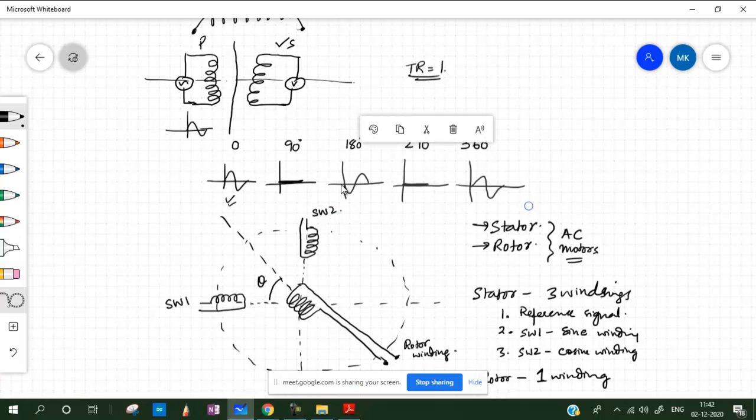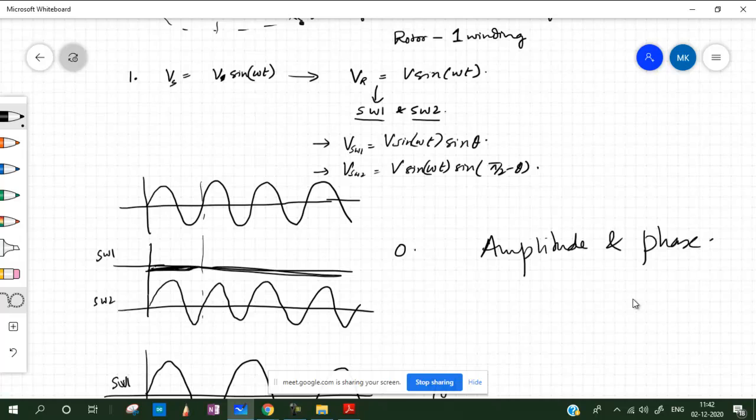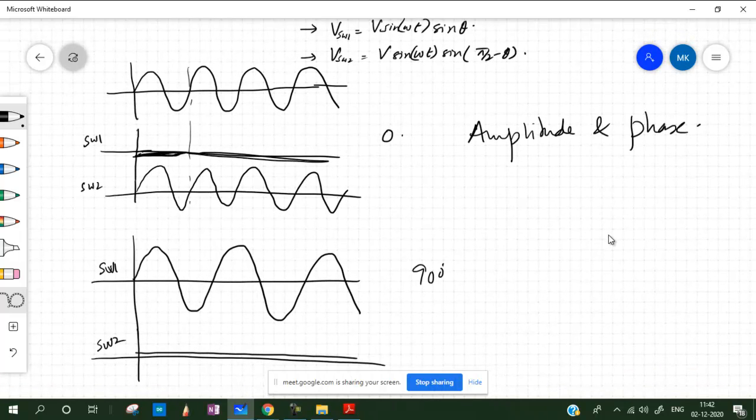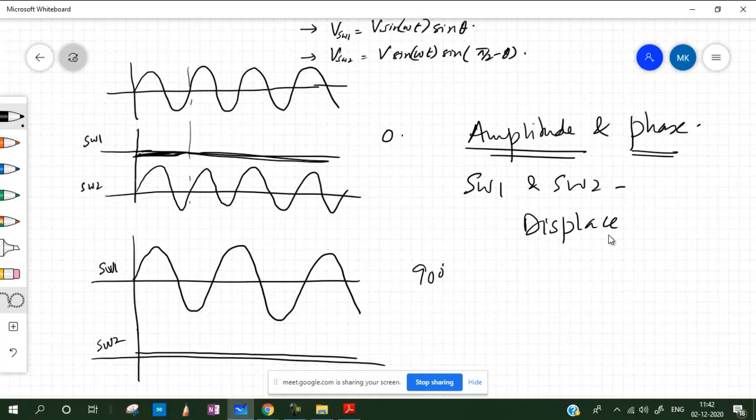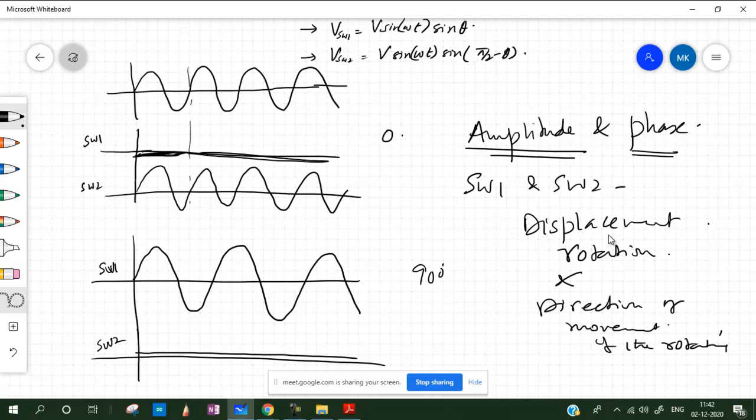There is a phase change from here to here, a phase shift of almost, I would say, 180 degrees. All right. So if we are able to measure the amplitude and phase of this output signal, which is in the form of SW1 and SW2, we can measure both the amplitude and phase of both signals. So these two pieces of information together can give us the displacement, or you can say rotation, and also the direction of movement of the rotating object, or you can say shaft in this case.